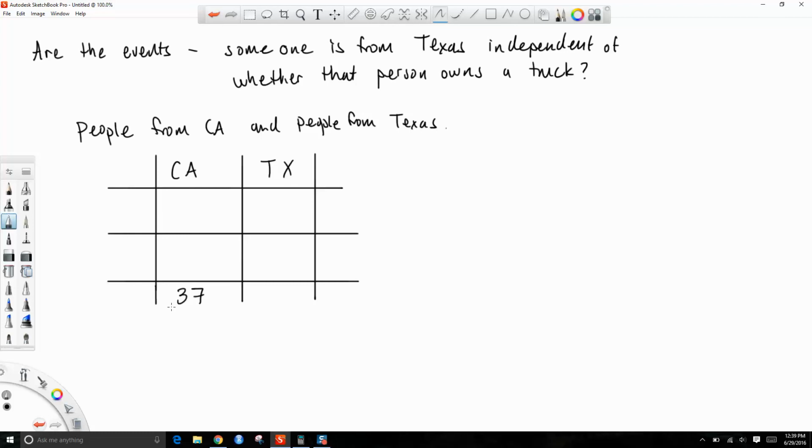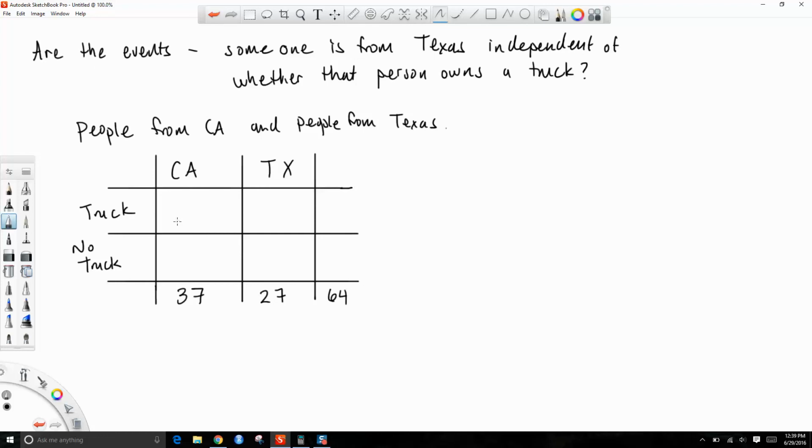The population of Texas was 26.96 million in 2014, so 27 million. All right, and then we'll say owns a truck and no truck. And I don't know what these numbers are. I don't think Lady Google knows either. So 37 plus 27, that's what, 64 million people?